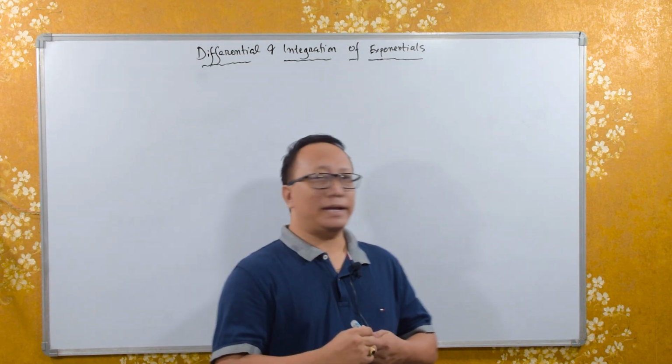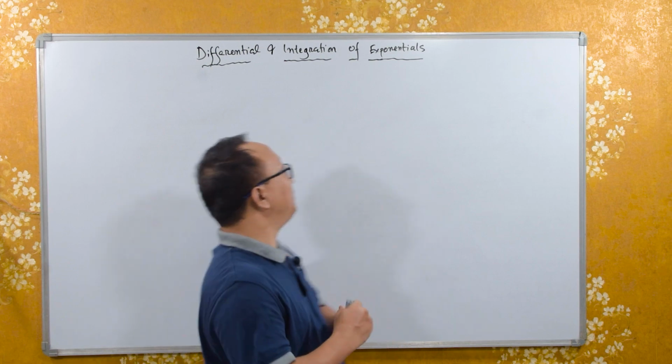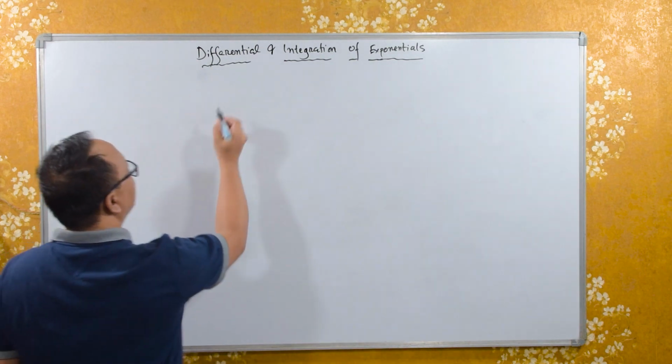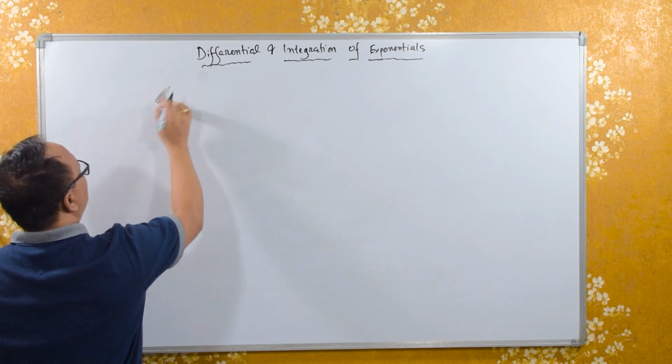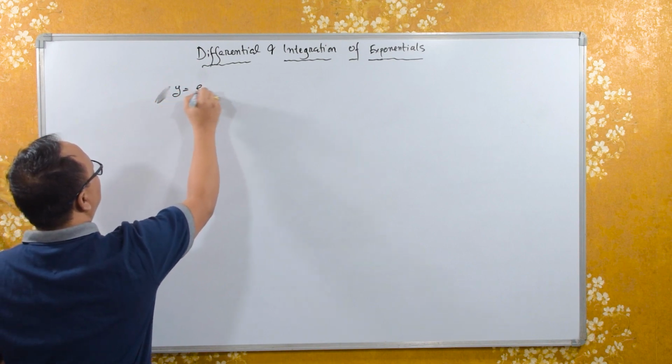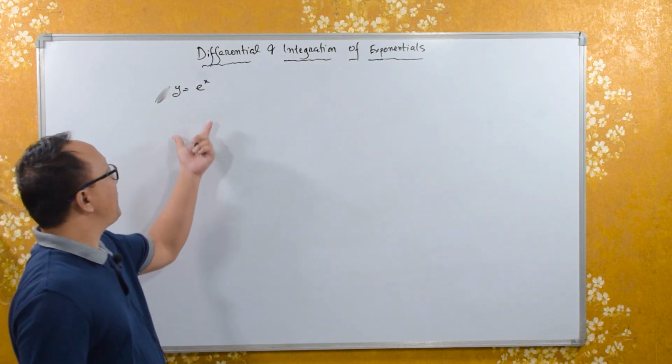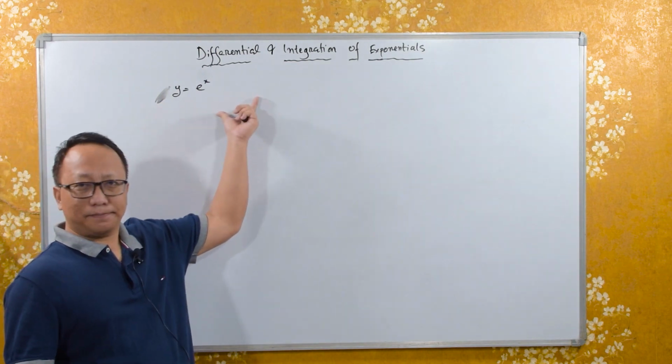Okay. Let's take a simple example. Let's say y equals e raised to x. Here y is a function of x.